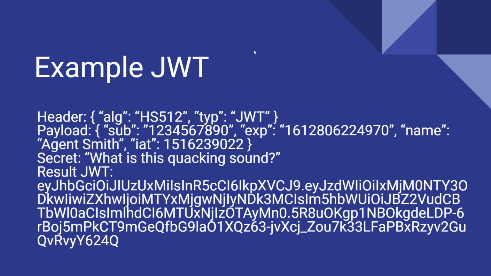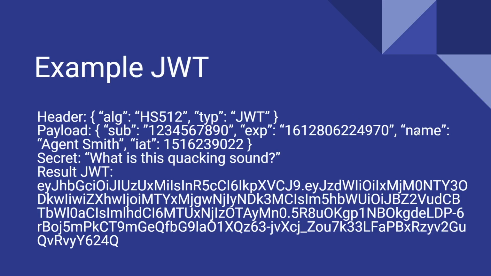Here is an example of a JSON Web Token, how it looks. So you have the header, what we said: the algorithm is this, the type is JWT. And the payload, for example, is the subject this, and the expiration time is the number of milliseconds from January the 1st, 1970, plus, for example, 60,000 milliseconds, which means a minute.